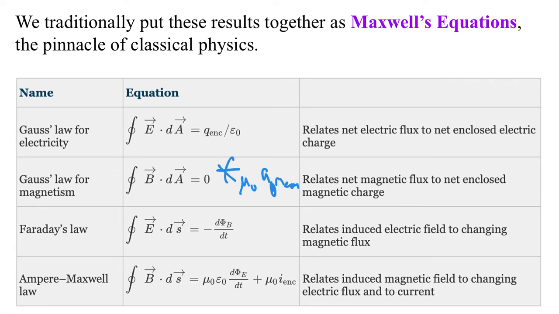And then for this one, there would have to be some magnetic current, whatever that would be, with some constants out here, I don't know what they would be, but the current here would be not dq dt, but dq magnetic dt. But they don't exist, so we don't worry about that.